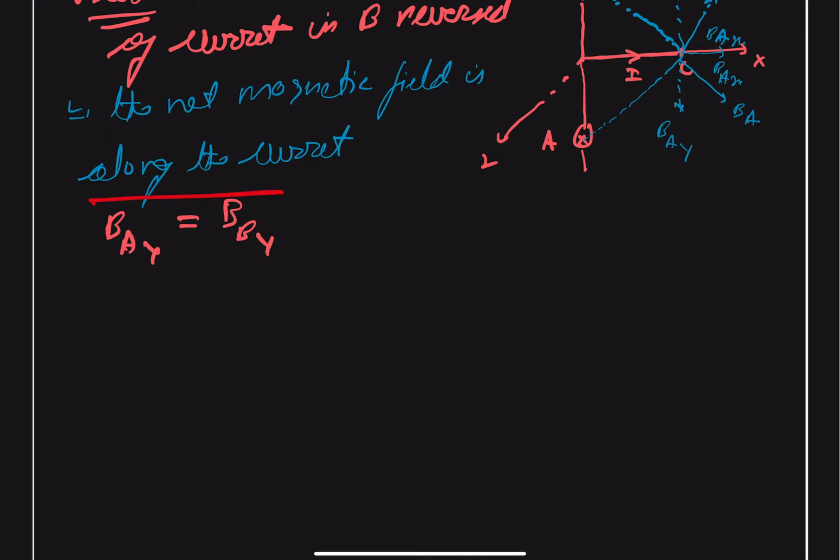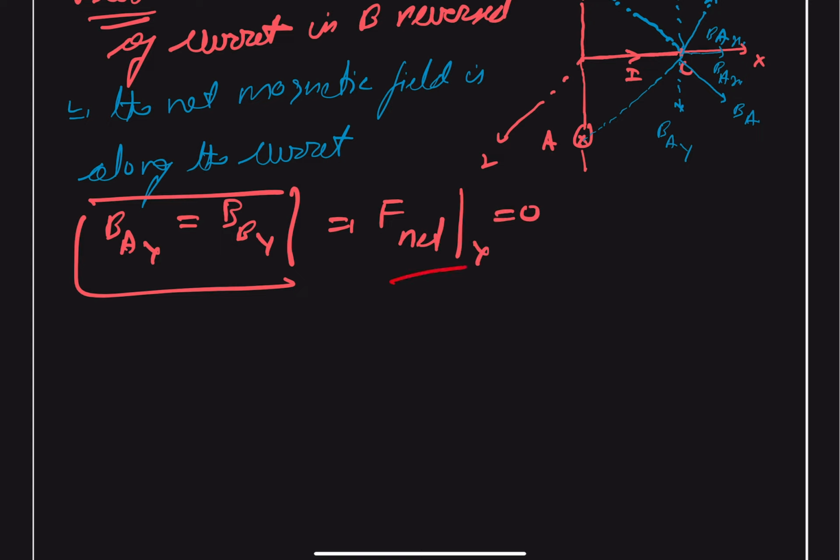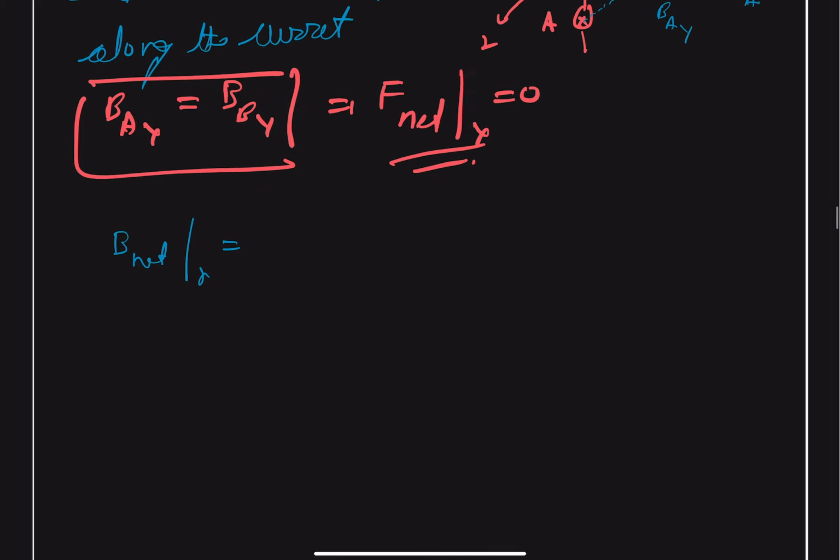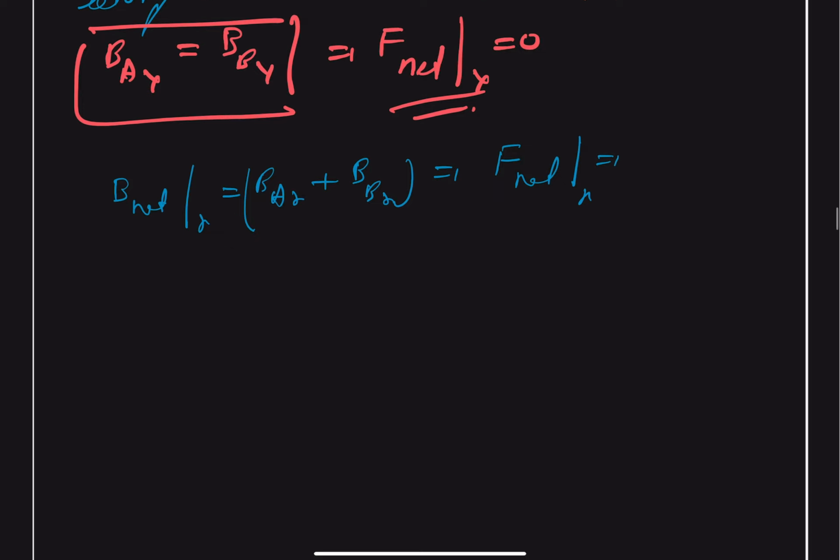So because of this, the net force along Y will be equal to 0, whereas our net magnetic field along the X direction will be our BAX plus BBX, and the net force along our X direction will be on the X-axis.